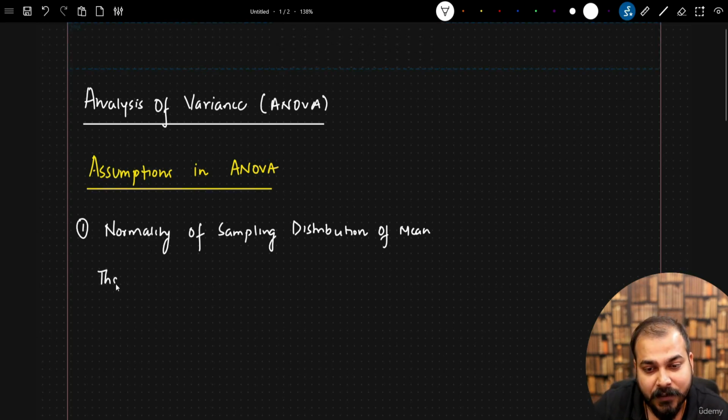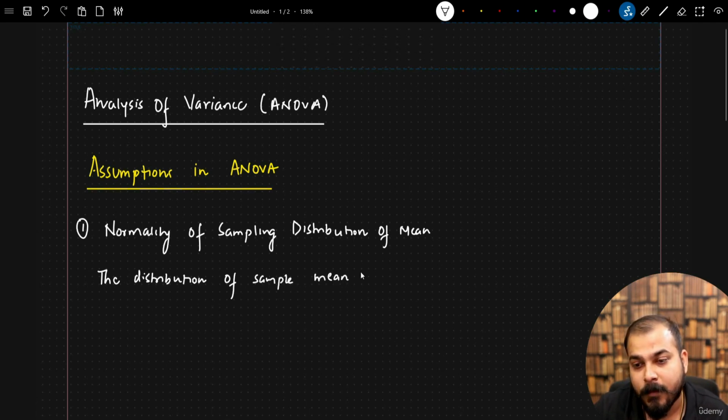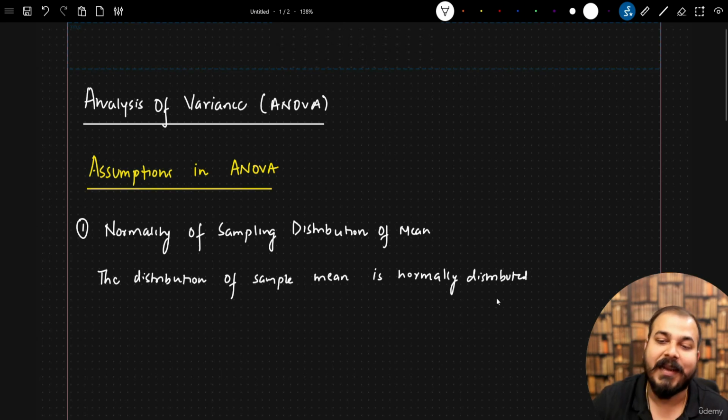What does this basically mean? This basically means the distribution of sample mean is normally distributed. Okay, super important. And I hope you all know that when I say normally distributed, it basically means it should follow a Gaussian distribution.